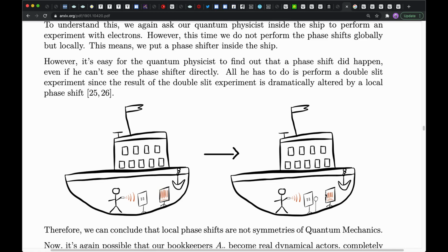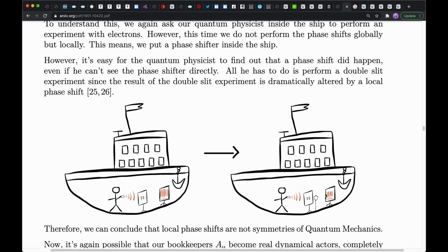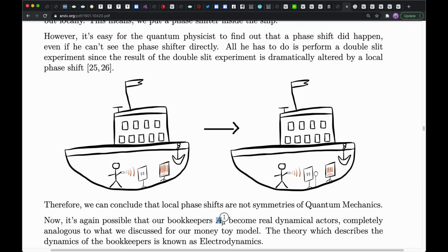But we know what we should do to cancel those. So basically, you can change your potential, those A's, and negate the impact of that mechanism which applies the phase shift to the screen.